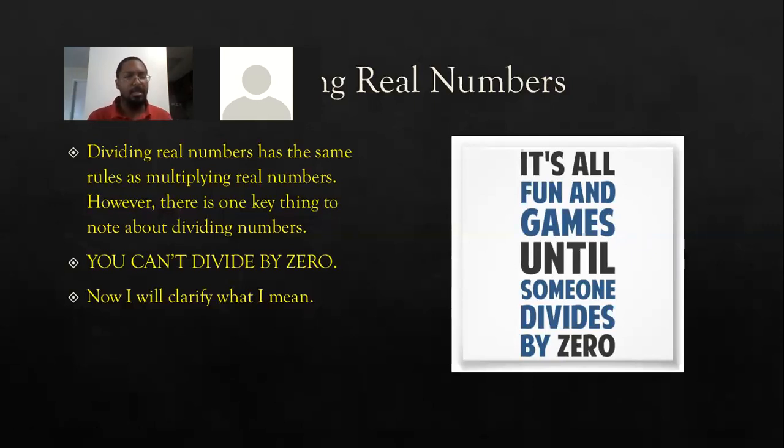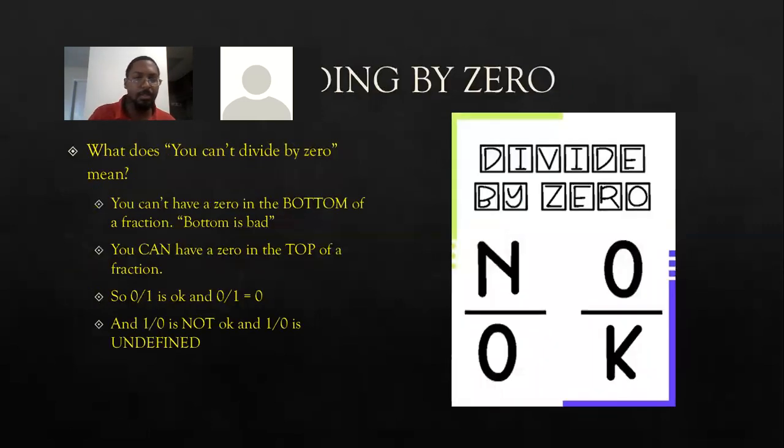So let me explain what I mean. First of all, you cannot have a 0 in the bottom of a fraction. If you have 0 at the bottom of a fraction, that's bad. You can't do it. It's impossible. If you try to put 1 divided by 0 in your calculator, it doesn't work. I don't even think your phone will do it.